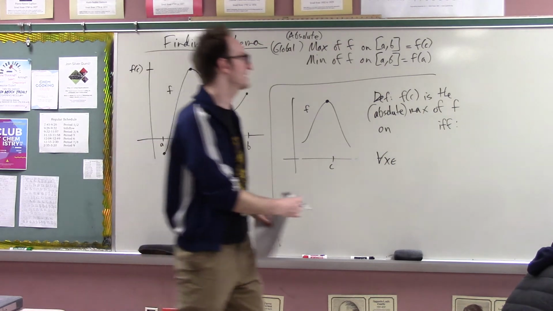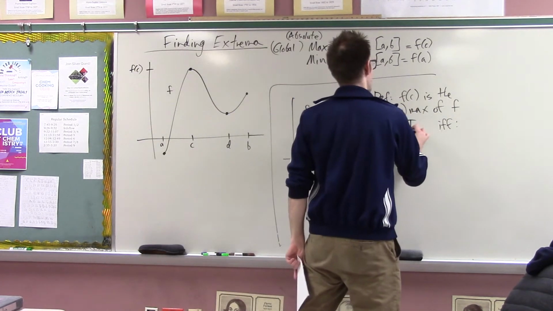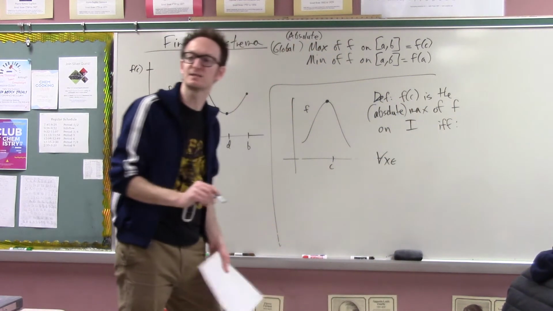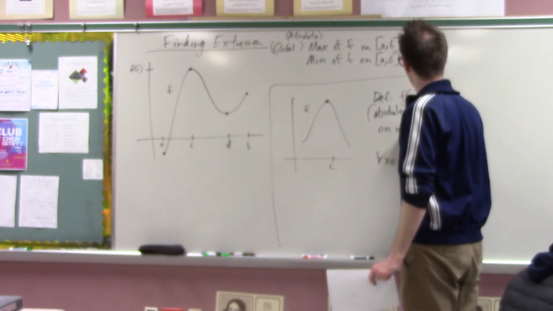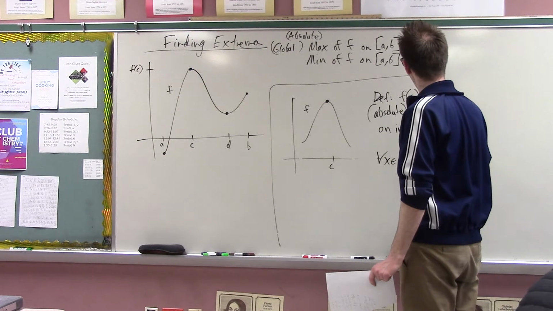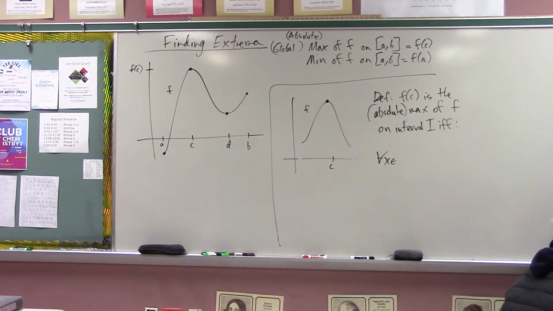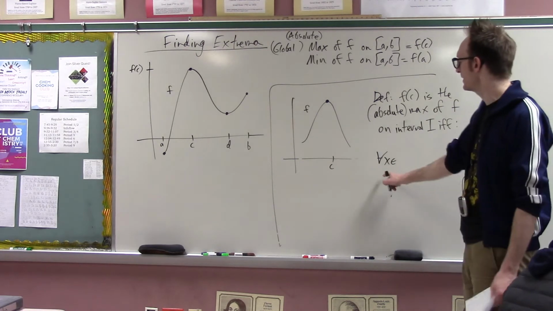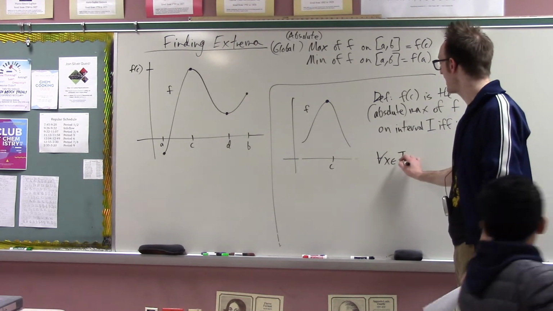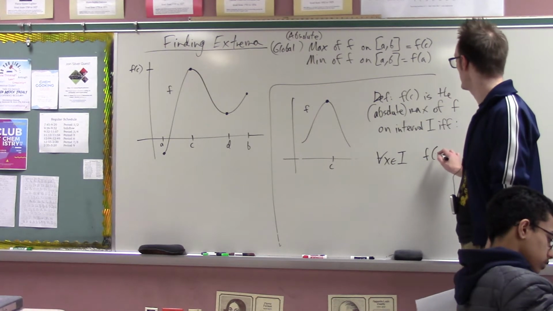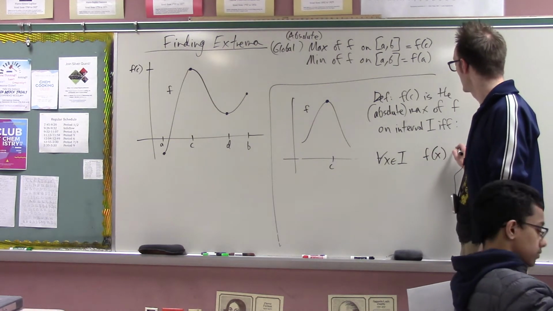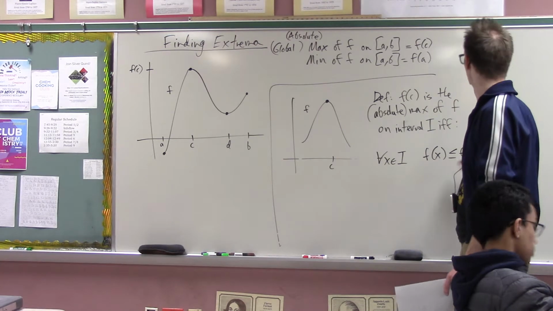So I'm going to be kind of fancy now, and I'm just going to say I is some generic interval. f of c is the absolute maximum of f on some interval I, if and only if, for all x on that interval, well then f of x is less than or equal to f of c.